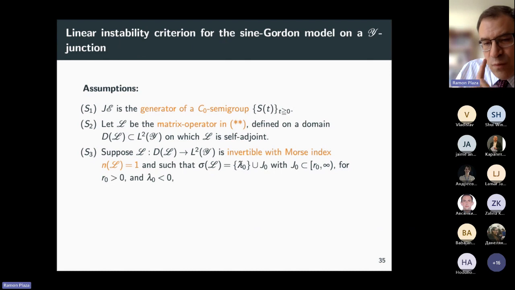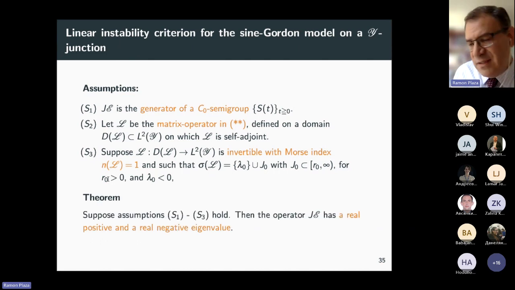So this means that it has one negative eigenvalue and the rest of the spectrum is positive away from 0. So this is the criteria that we established.